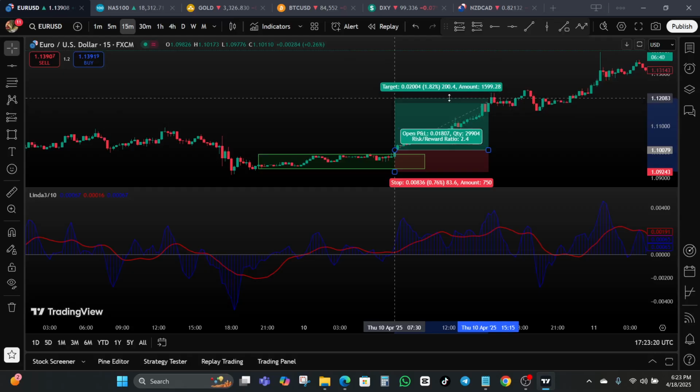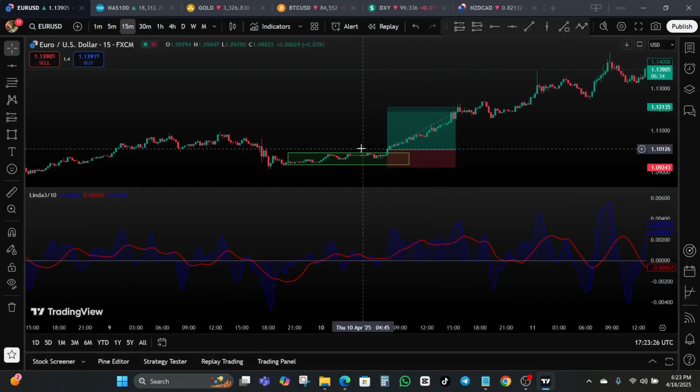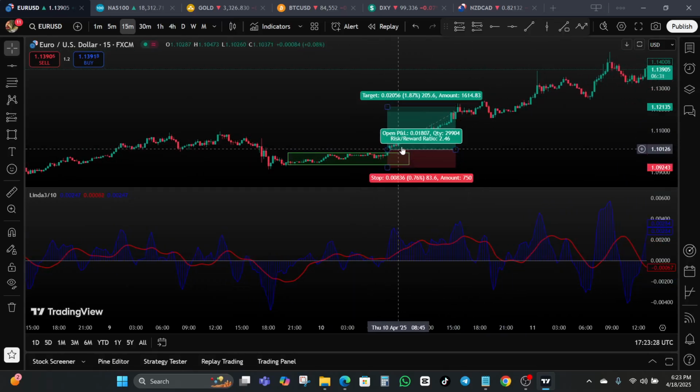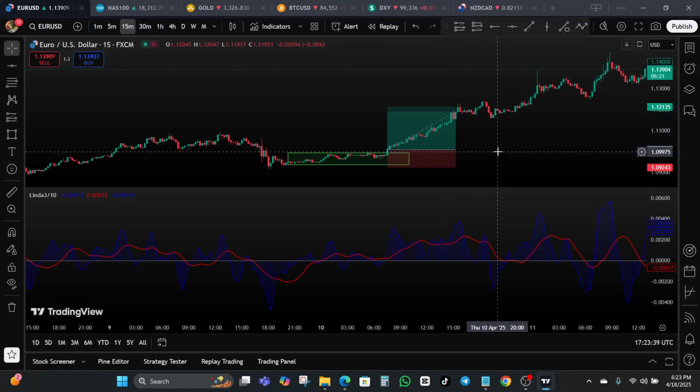Your take profits can be around key zones, resistance zones for a buy trade, or support zones for a sell trade. Make sure you always get confirmations before entering a trade. Risk to reward ratio minimum of 1:2. It's very important. Make sure you always get confluence before executing a trade.